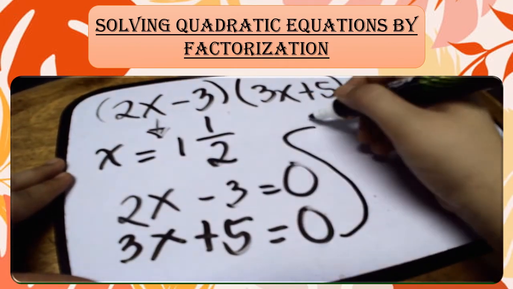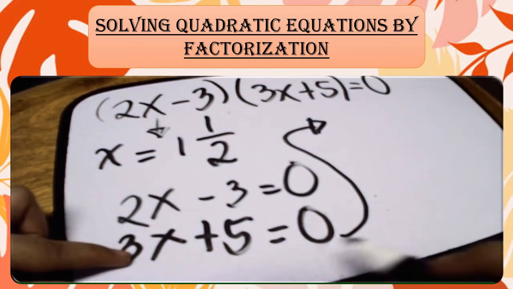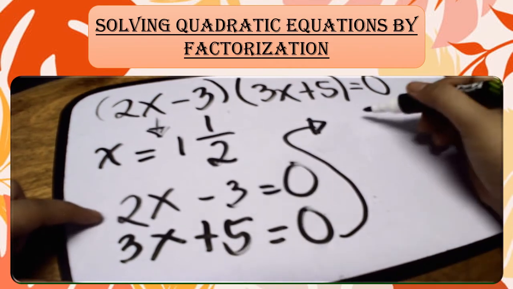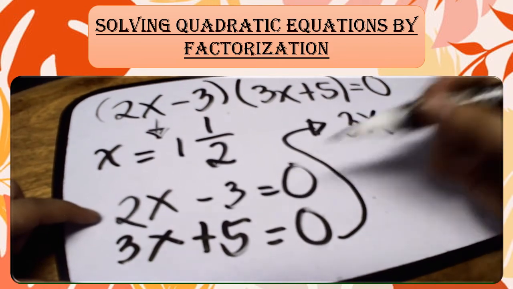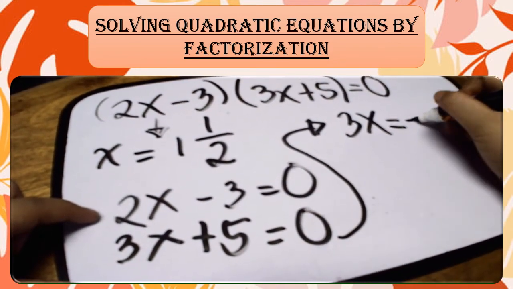Next, transpose positive 5. So 3x is equal to, transpose positive 5, it will change into negative 5.